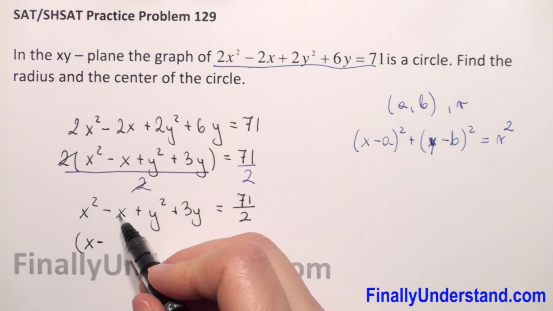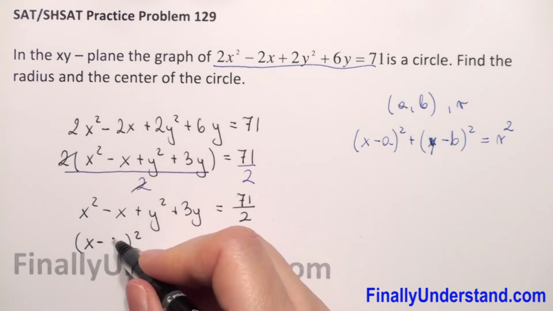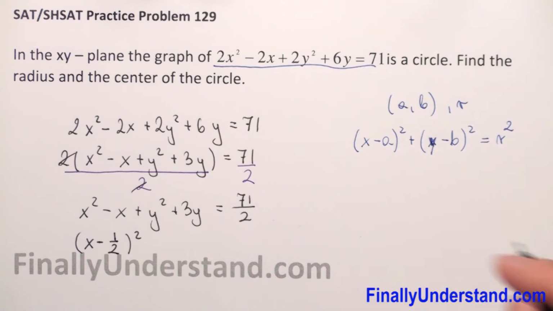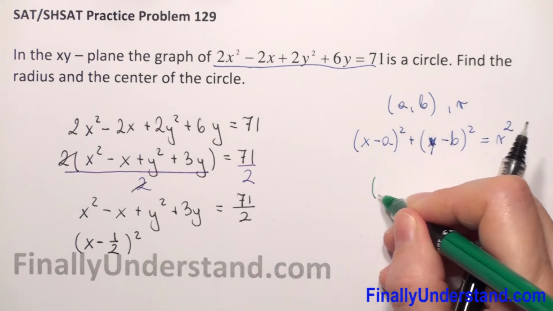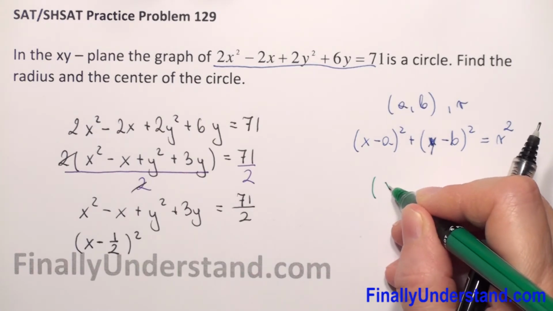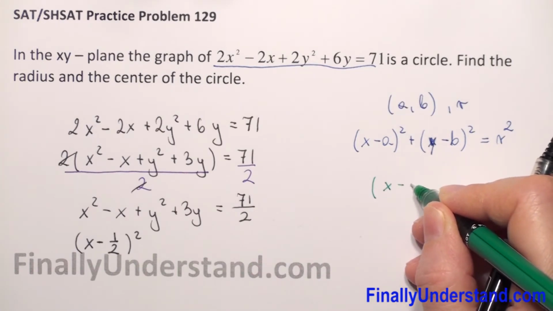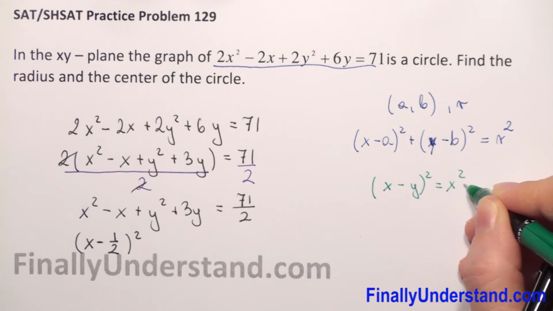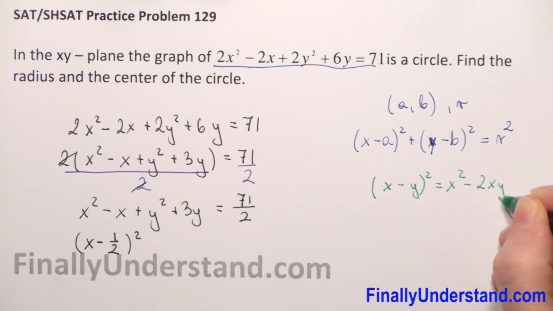And because we have only x here, we have to have minus 1/2. Let me remind you also of the formula for the square of a difference. When we have x minus y to the second power, this is x squared minus 2xy plus y squared.